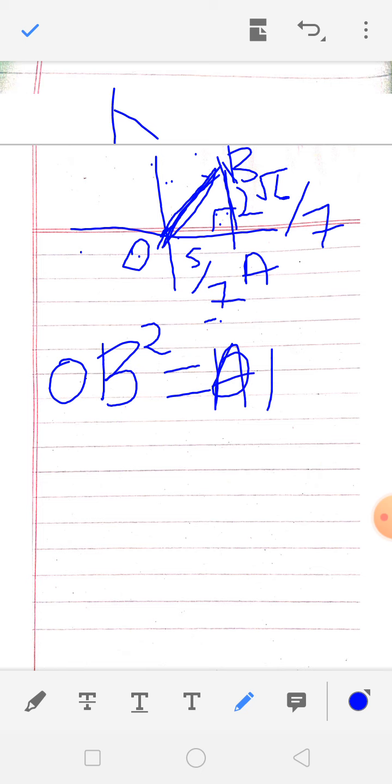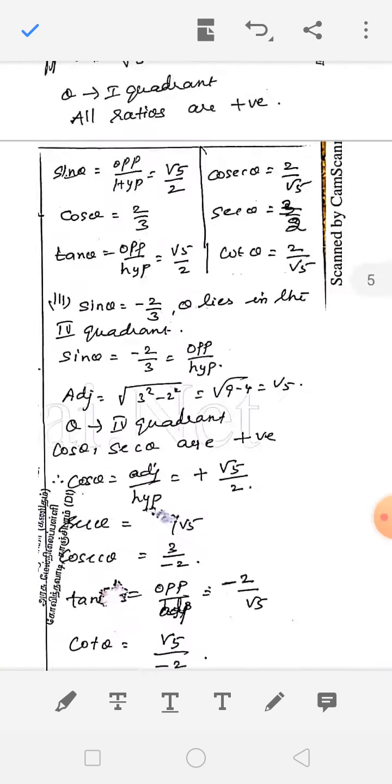So we must know the hypotenuse value. Hypotenuse square is equal to opposite square, so AB square plus OA square. So this is what we have to do, the Pythagoras theorem.